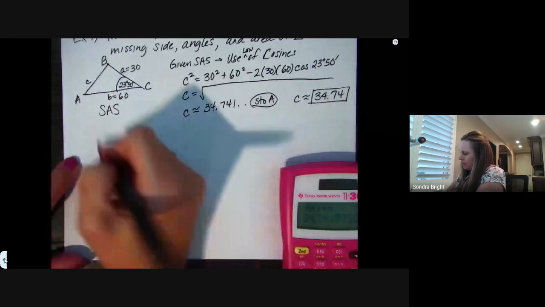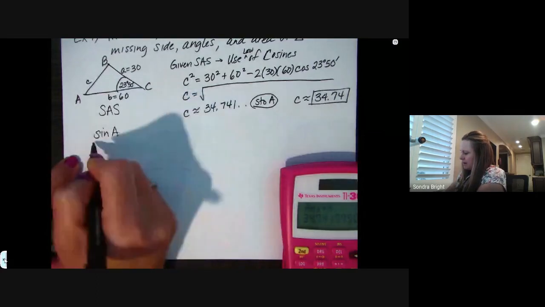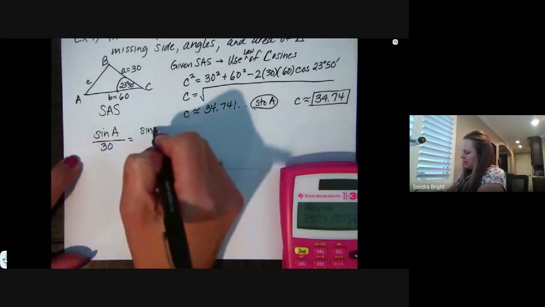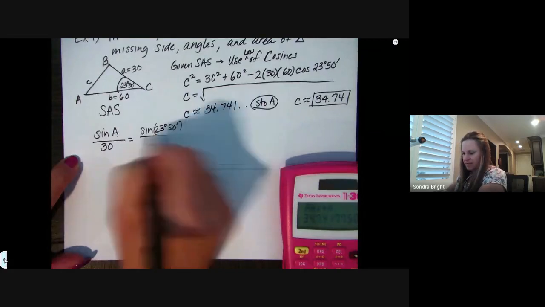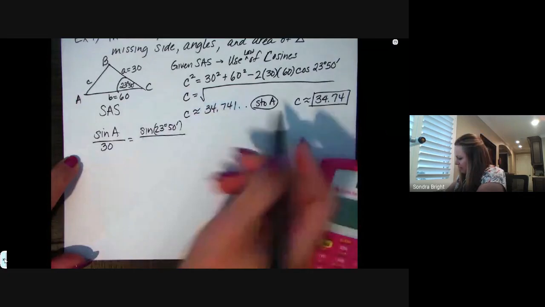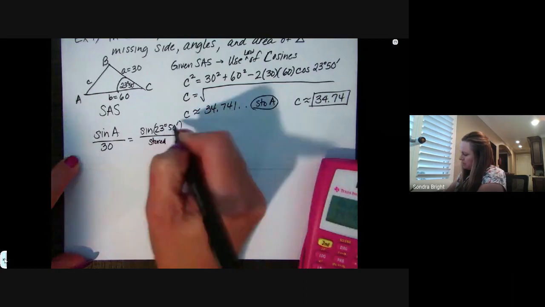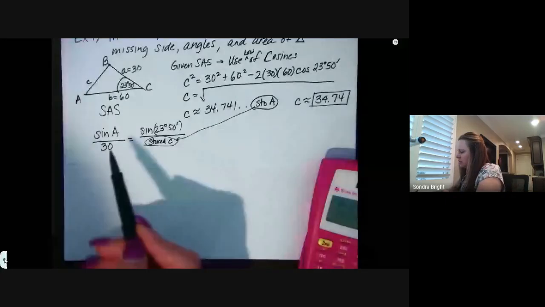Sine of angle A over side A is equal to sine of 23 degrees, 50 minutes, right, divided by side C is what we just found, and I'm going to use my stored value for little c, right? That stored value, which I have right there. All right, so what am I going to put in my calculator? Well, I need to solve for A, so I would need to multiply both sides by 30.